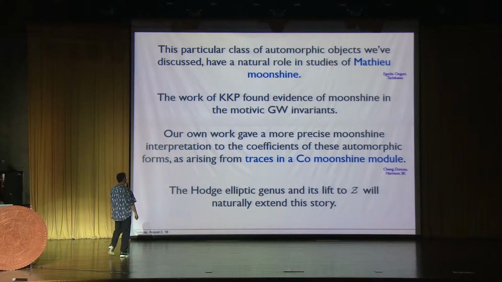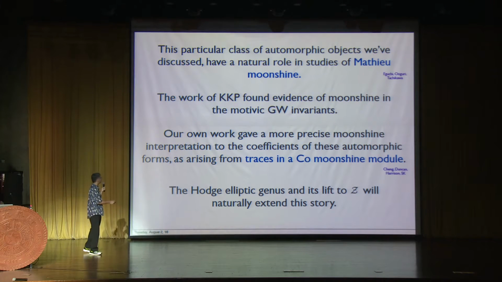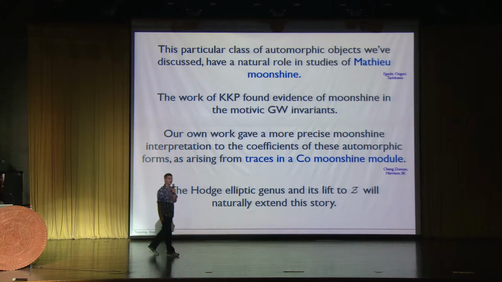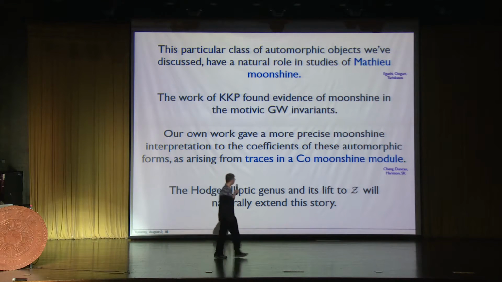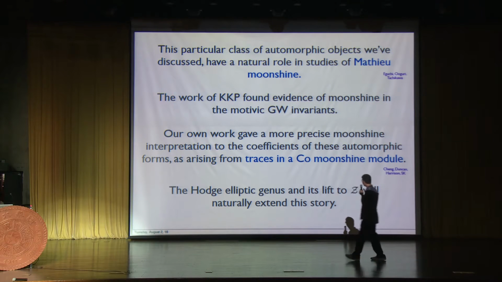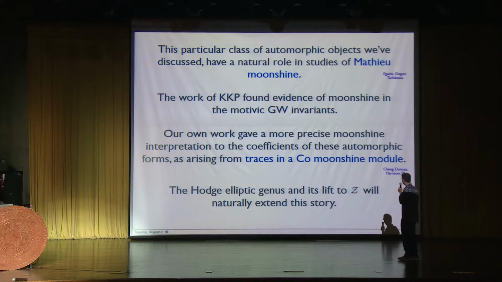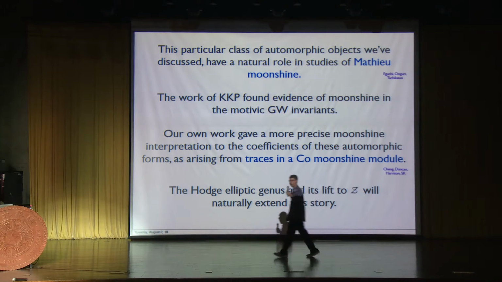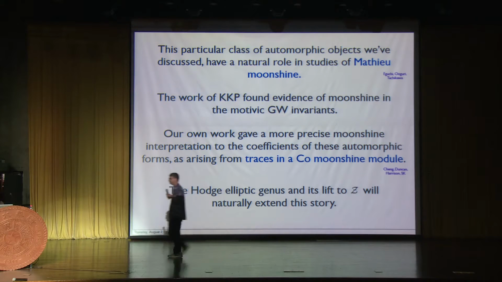And our own work gives a more precise moonshine interpretation to the coefficients of these automorphic forms as arising from traces in a Conway moonshine module. This is work done with Chang, Duncan, and Harrison last year, but I don't have time to talk about it. Our hope is that this Hodge elliptic genus is a logical completion of this story, and its lift to this script Z, the generating functional, will naturally extend this story of Mathieu moonshine.